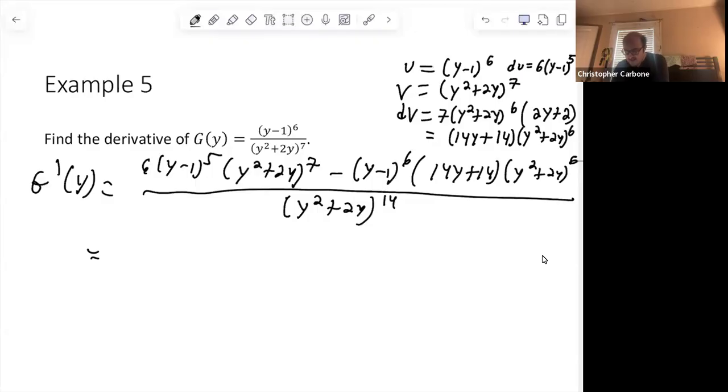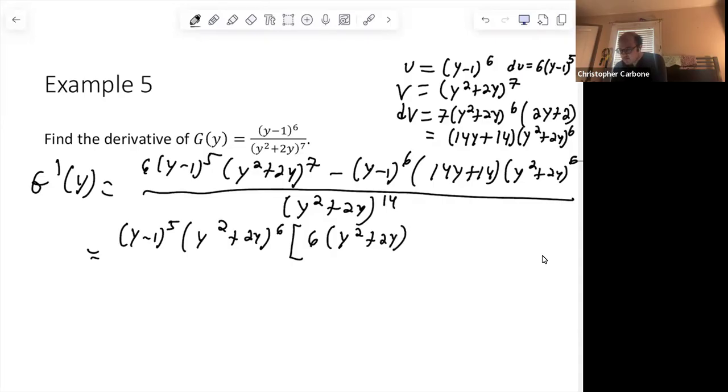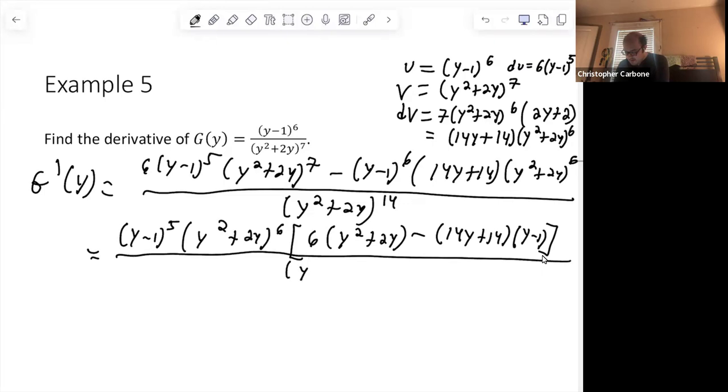We could factor slightly by taking out (y minus 1) to the 5th and (y squared plus 2y) to the 6th times 6 times (y squared plus 2y) minus (14y plus 14) times (y minus 1). Still all divided by this (y squared plus 2y) to the 14th power.